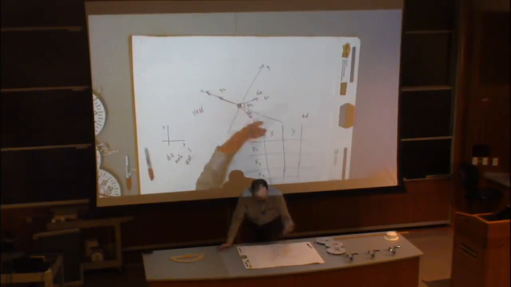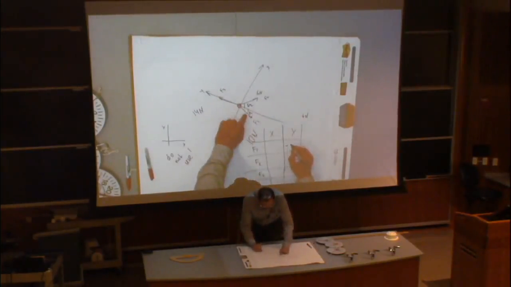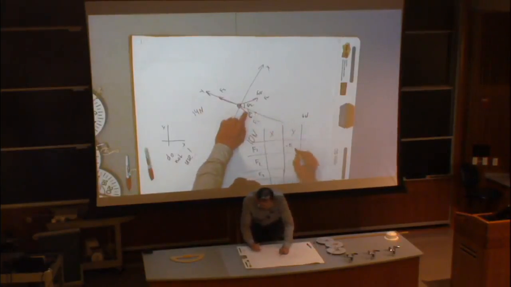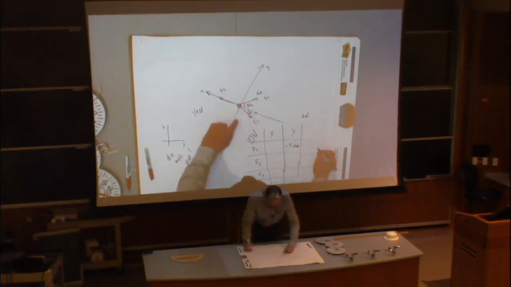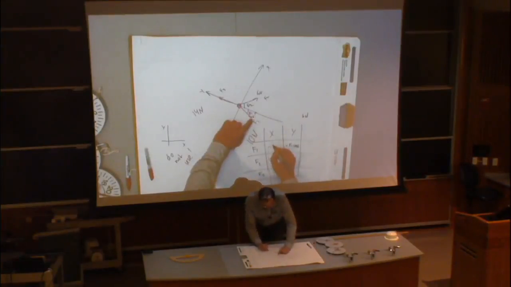And again, what do we do? Vectors. So we have to be familiar. Negative should be negative. F1y is negative F1 times cosine of this angle. F1x is also negative: negative F1 times sine of this angle.